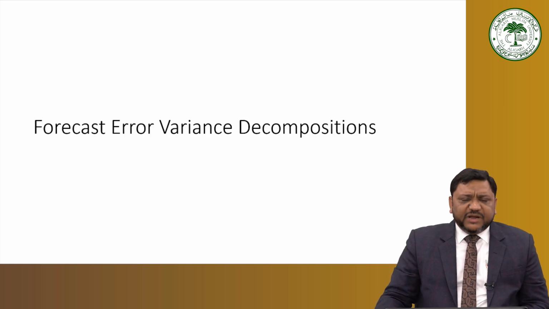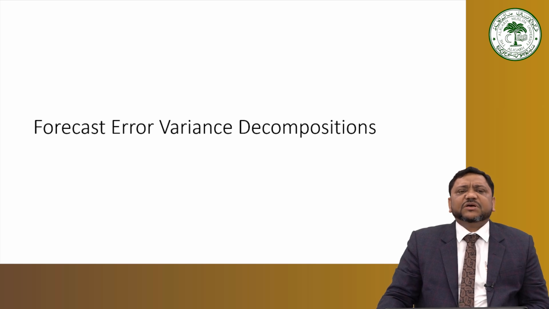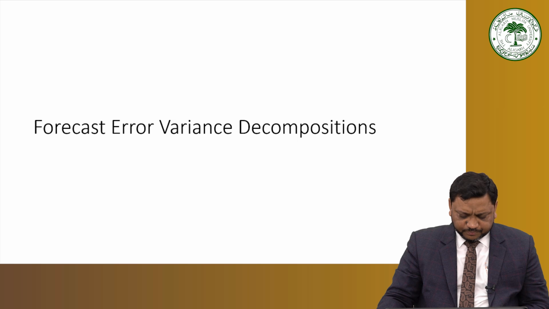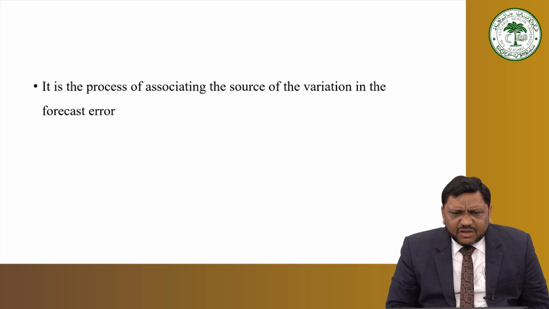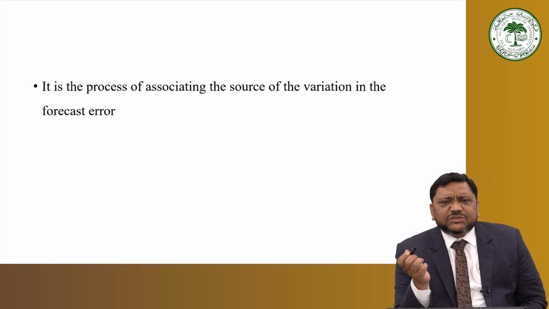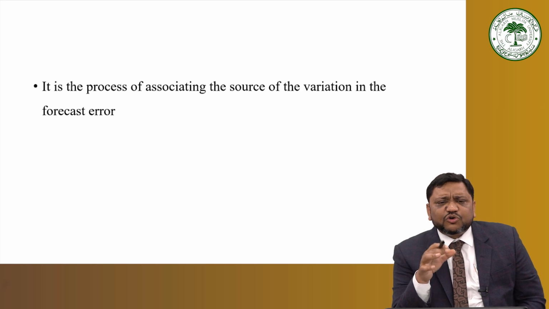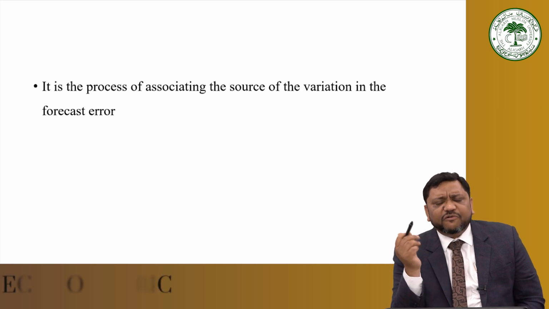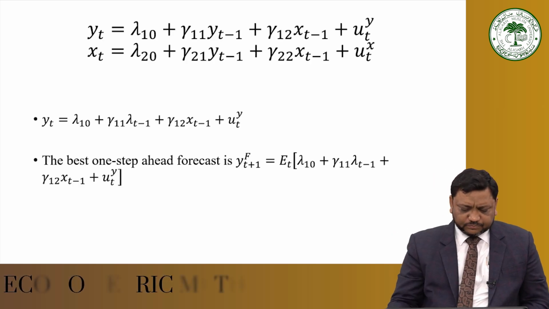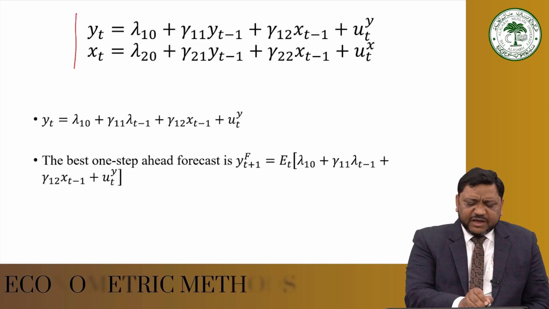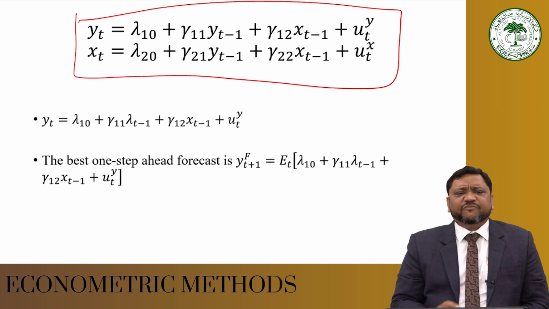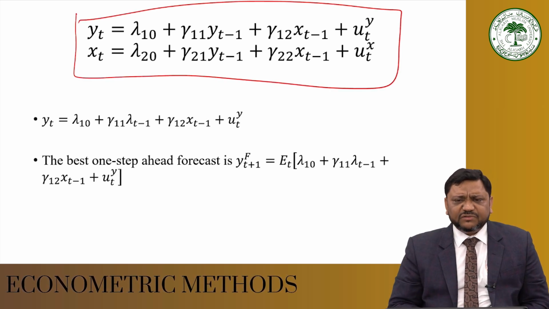Now we move on to the next item for discussion, that is the forecast error variance decomposition. This is basically the process of attributing the sources of variation in the forecast error. We take the VAR model specification.